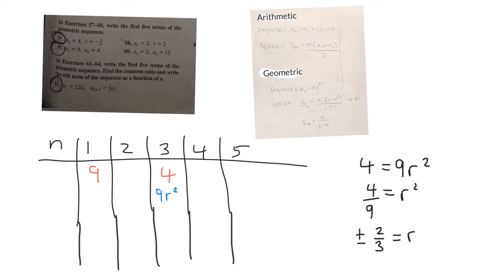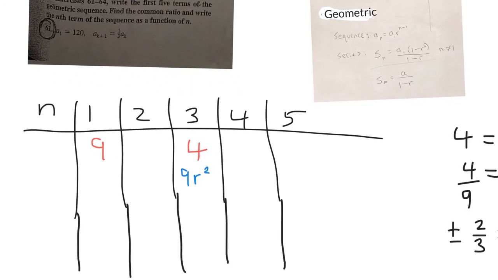And we're going to go ahead and fill in this chart in such a way that takes that into account. So this is going to be 9 times positive 2/3 raised to n minus 1, also known as 1. We already know what this term is. It's 4, so we don't really have to do much else with this. It's really these that we have to figure out now.